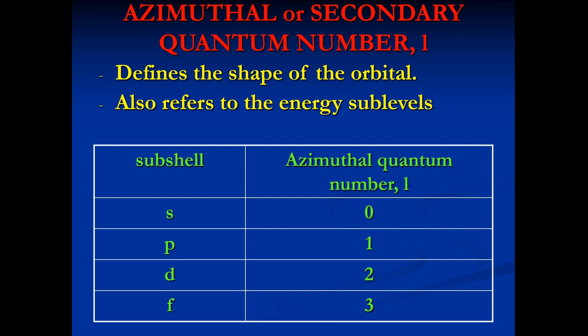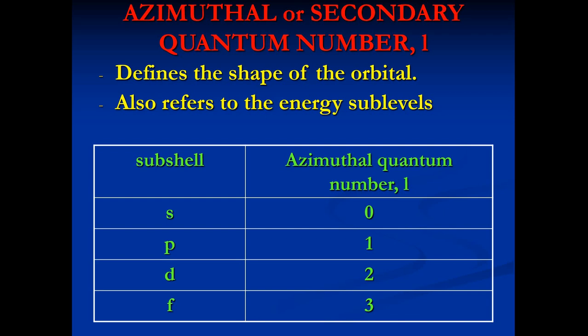If it is for the 11th electron, it means that your n is equal to 3 because the last energy level there is 3, and the orbital still remains s orbital. So your azimuthal quantum number is 0.